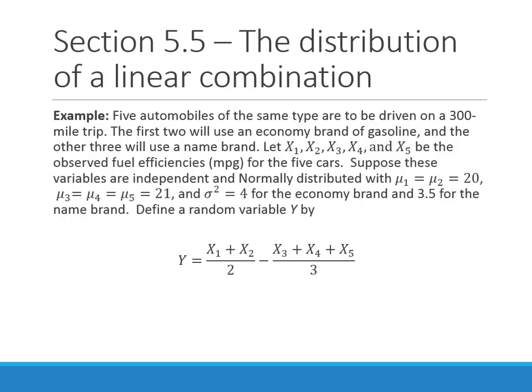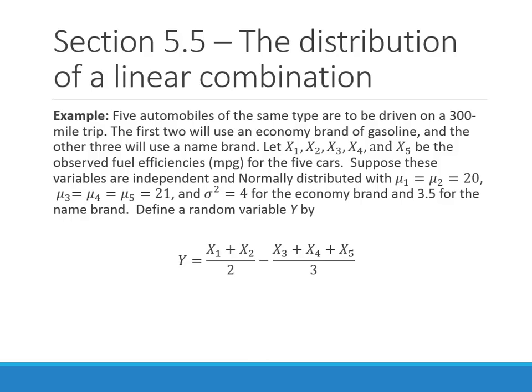So what is y looking at here? When I calculate y, what will that tell me? I'm thinking about comparing the fuel economies of these 2 types of gasoline. Which one's more efficient? Exactly. So this will tell me which one's more efficient, because here I have the average of the economy brand, and here I have the average of the name brand.